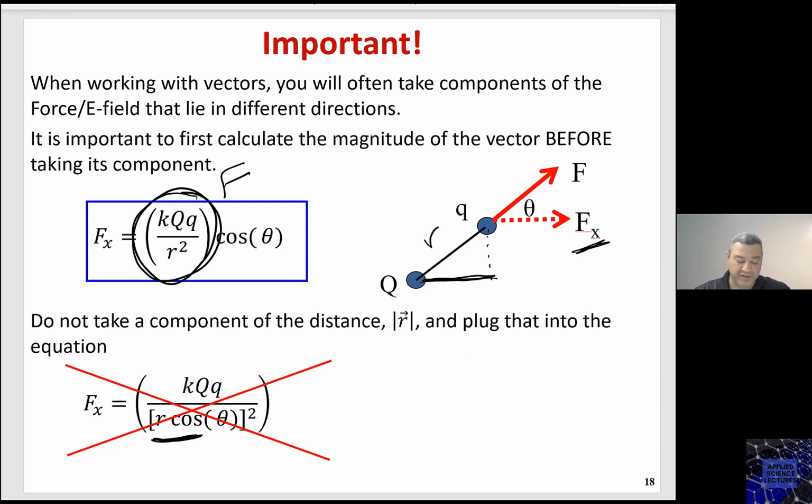So be careful for this, because it's going to give you a wrong answer if you project the distance assuming that this is the Fx, which is wrong. You calculate the total magnitude, and then you project this magnitude.